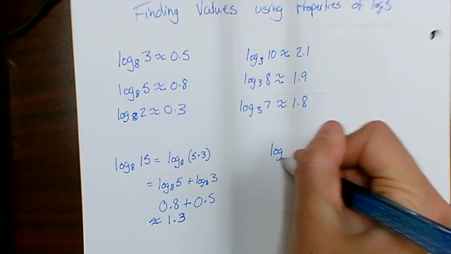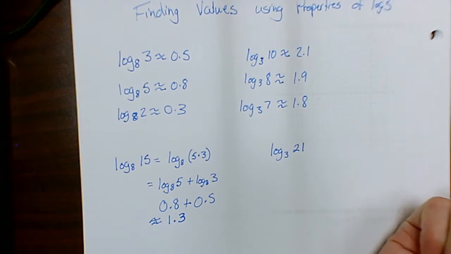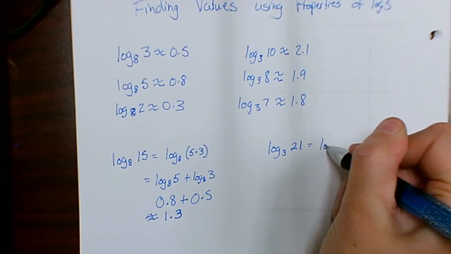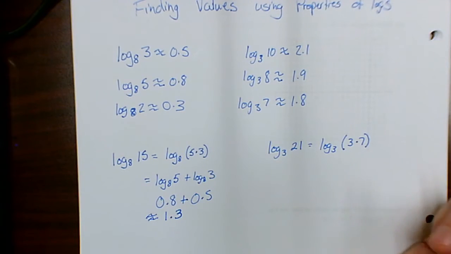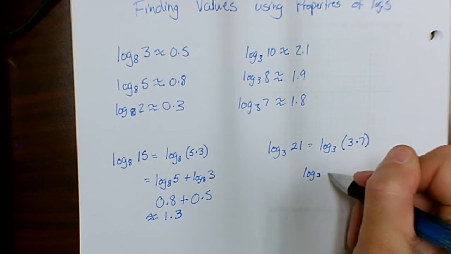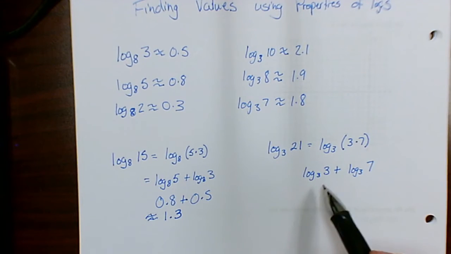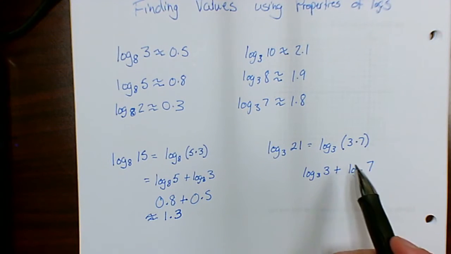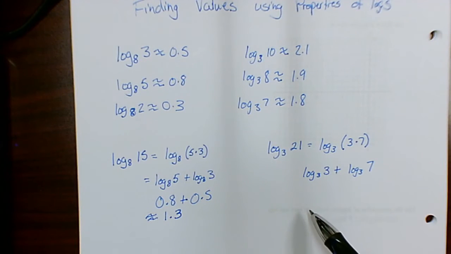We can have log base 3 of 21. Well, log base 3 of 21 is 3 times 7, so we can expand this. Now, we don't have log base 3 of 3 on the table, but 3 to what power gives us 3, if you remember converting these over to exponentials.